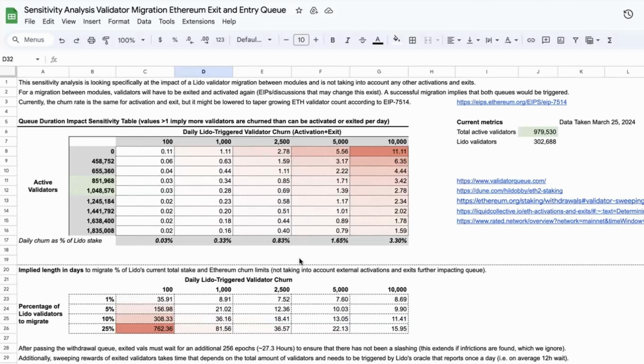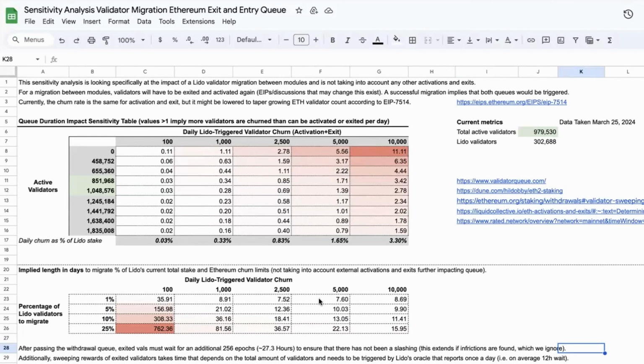We did similar calculations to figure out what that would cost, and at the time the queue was really long in the summer, I think 40 or 45 days, and the costs were absolutely prohibitive to do such a thing. In the end, the new deposits and withdrawals are quite high and there's a pretty large churn anyway, so it wasn't really necessary. But migrating has a massive cost associated with it, so that's very interesting to look at.